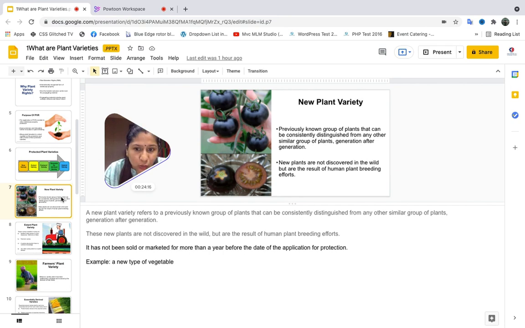It has not been sold in the market, or has not been marketed for more than a year before the date of application. Such varieties are known as new plant varieties. For example, a new type of vegetable, a new type of fruit, or a new type of grain that could come into the market. These are called new varieties.